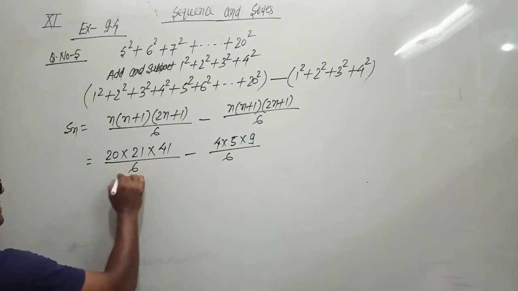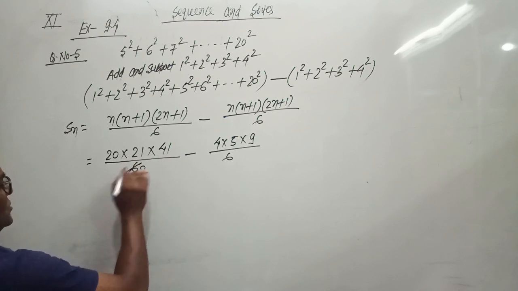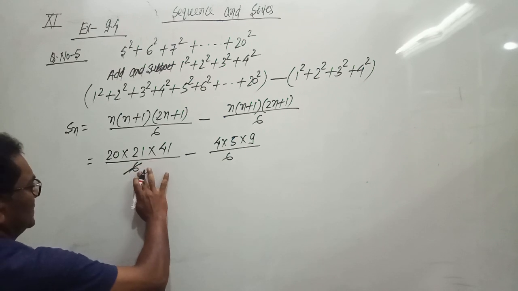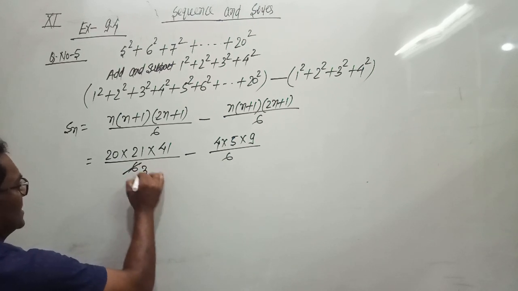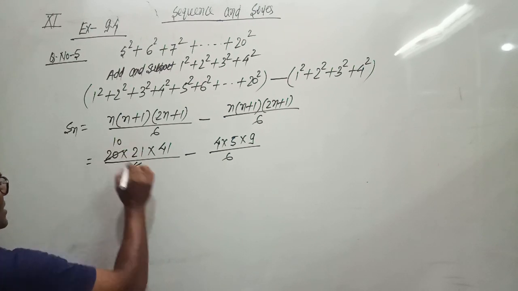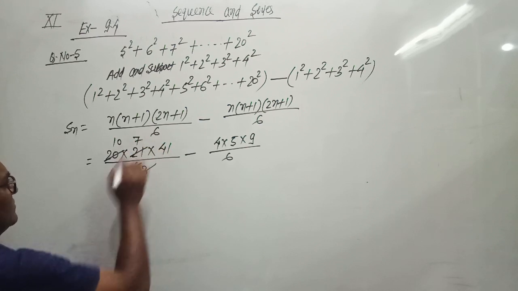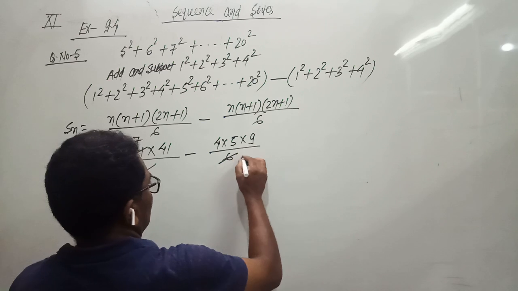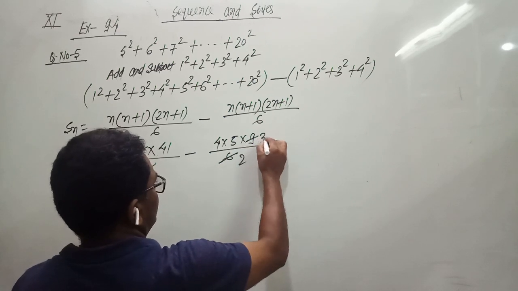2 3s are 6, 3 2s are 6, and 10 2s are 20. 3 7s are 21. Here 2 3s are 6, 3 3s are 9 and 2 2s are 4.